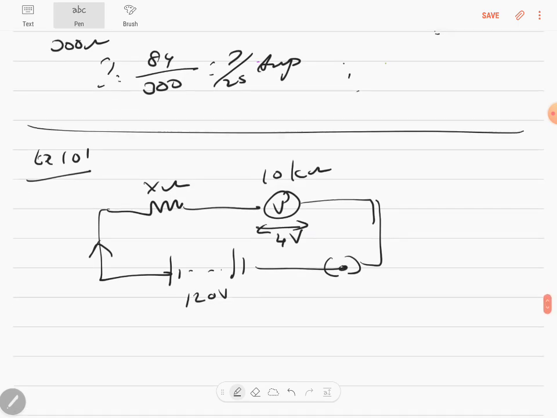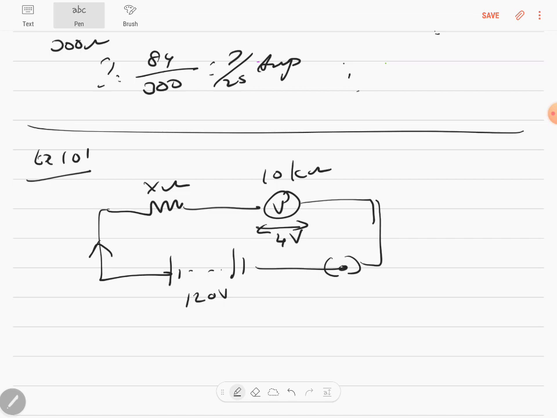Okay, a DC supply of 120 volts is connected to a large resistance X. A voltmeter of resistance 10 kilo ohms is placed in series with the circuit and reads 4 volts.